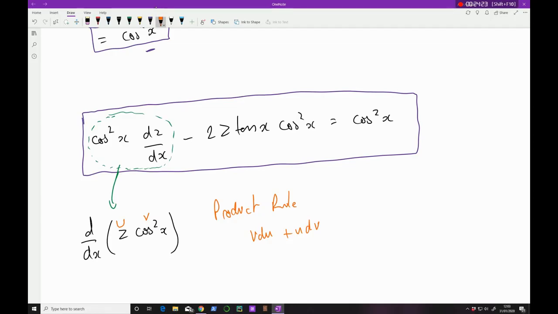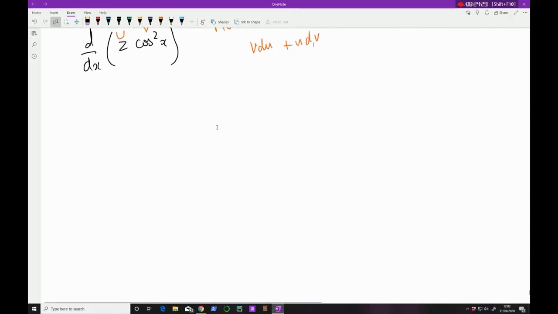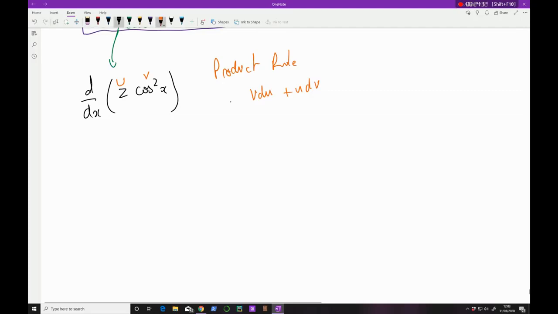So let's differentiate this using product rule, where v is cos squared multiplied by du, which is going to be dz over dx, then plus u, which is z, multiplied by dv.